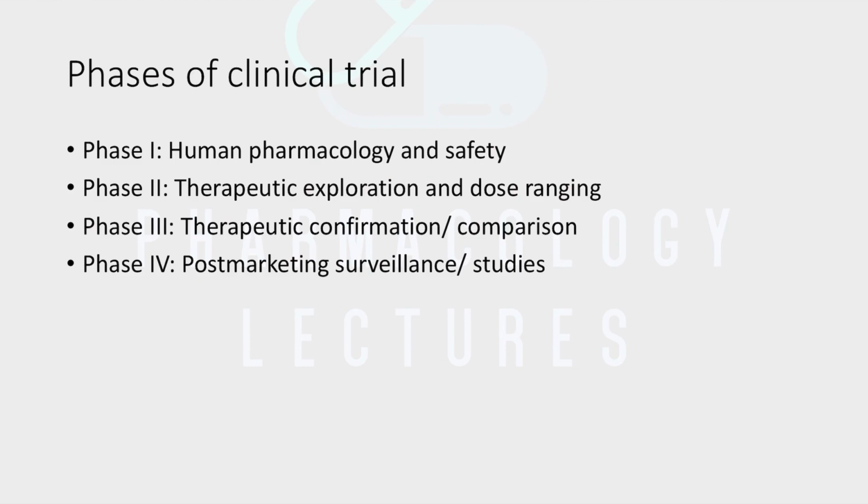Now, there are 4 basic phases of clinical trial. The first phase is called human pharmacology and safety. The important word is safety here, where your main aim is to check whether the product is safe or not. In phase 2, you are going for therapeutic exploration, how efficacious that product is, and its pharmacological or pharmacokinetic profile and dose ranging.